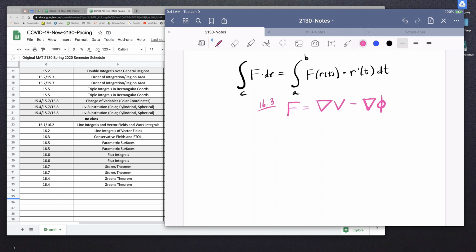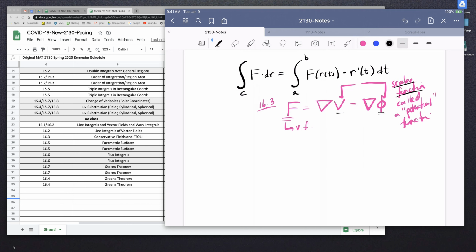So in this case, F is a vector field, and this function v or this function phi is a scalar function called a potential function. If there is a function v, or sometimes called phi, whose gradient is the vector field, then we say that that scalar function is a potential function.